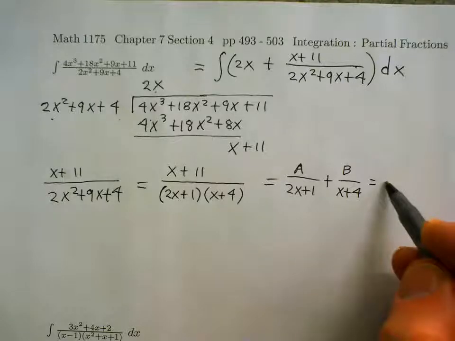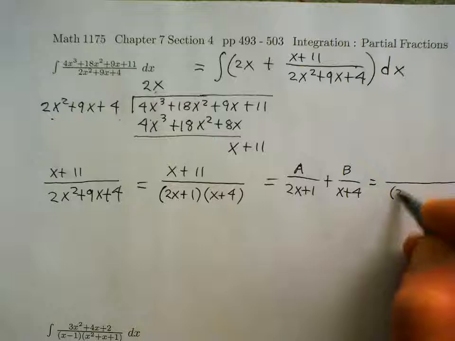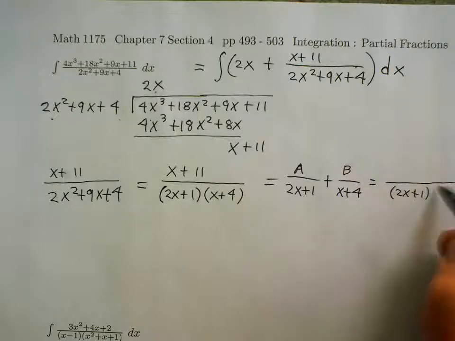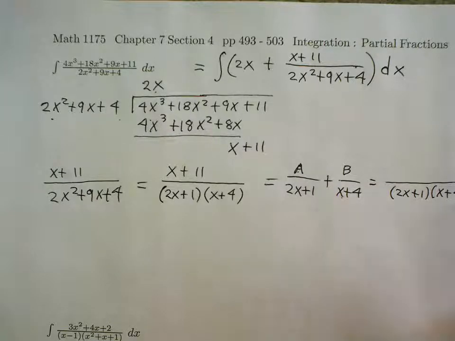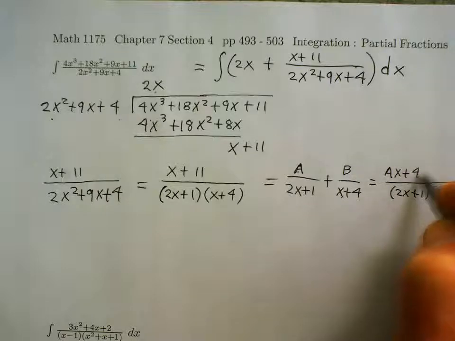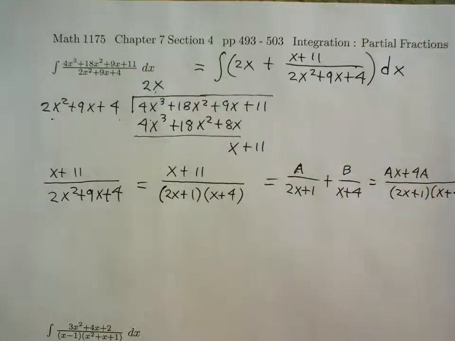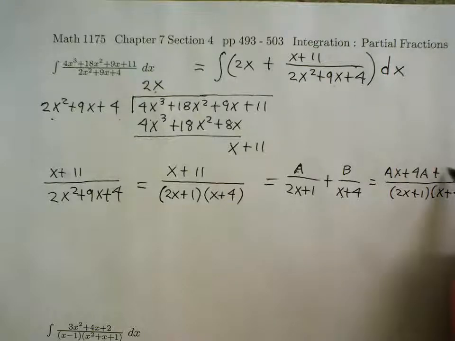And we can add the two fractions by finding a common denominator. So we're going to multiply a times the quantity x plus 4. So we'll get ax plus 4a. And then b times 2x plus 1. So we get plus 2bx plus b.